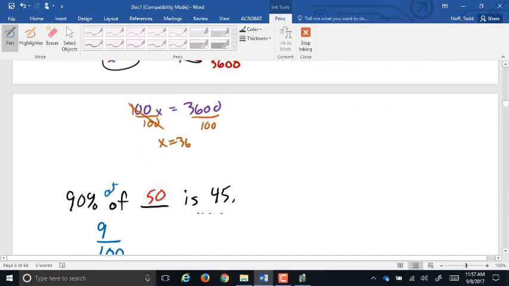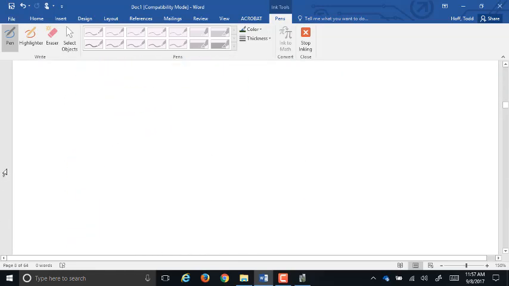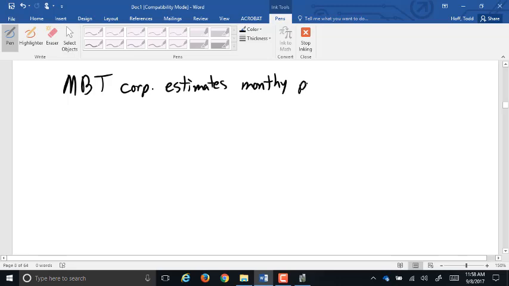The other thing I really like about the proportion is when we get into word problems. If we have something like: MBT Corporation, that's just the height of my creativity for the day, estimates monthly profit as 12% of gross sales.